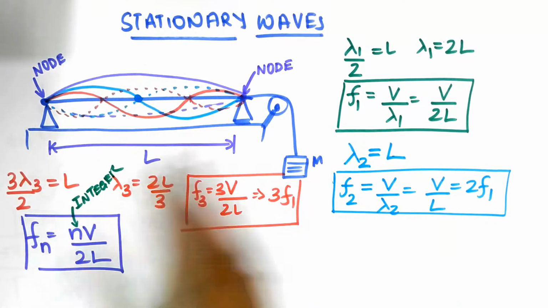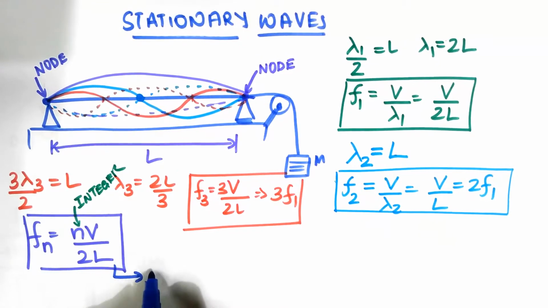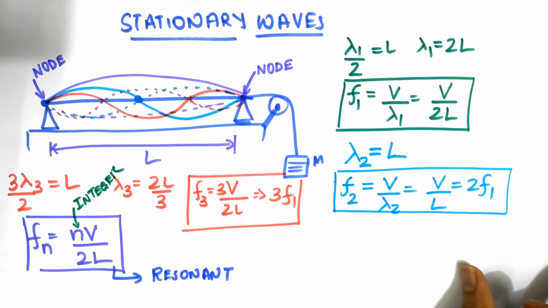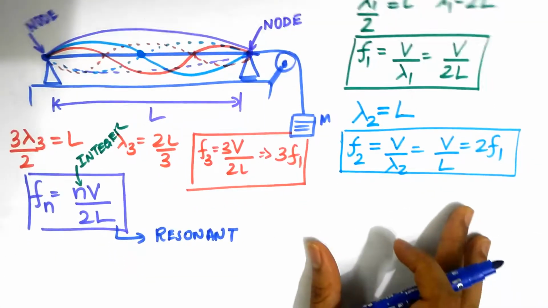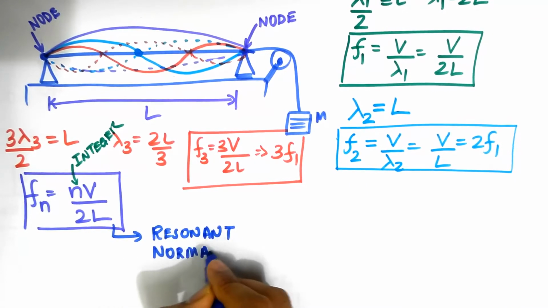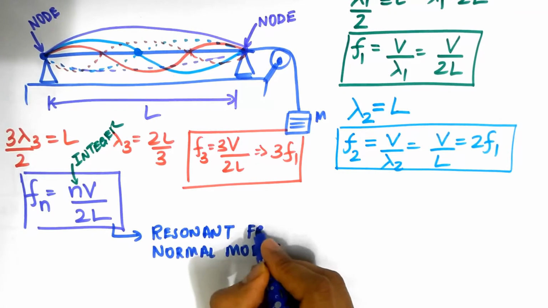Now there are names given to these frequencies. These guys are called resonant frequencies. So you should know the names because questions will use different names. They're also called normal modes, resonant frequencies.